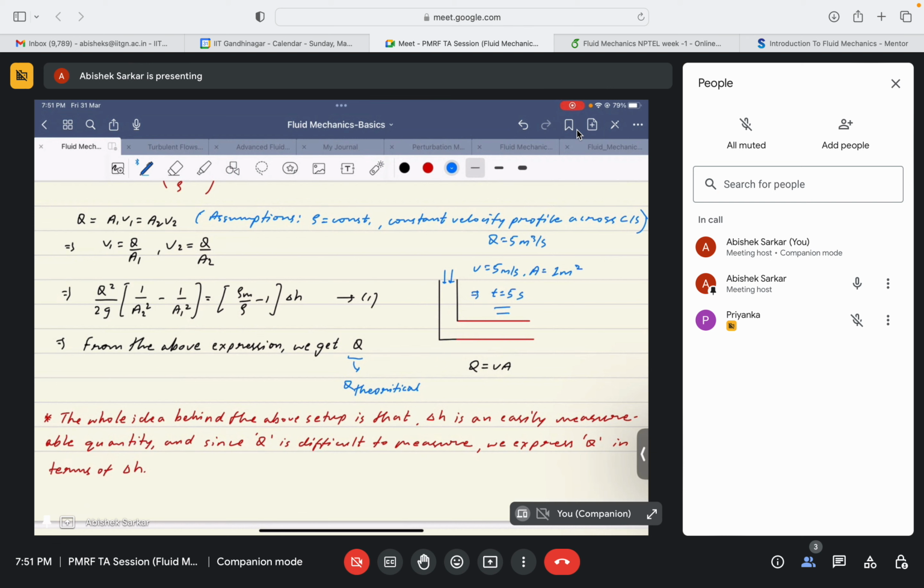So what we can observe is that we may obtain the same amount of water at the exit, right? We would obtain 5 meter cube of water at the exit, but it would take around, say, 8 seconds to fill the 5 meter cube volume of water at the exit.